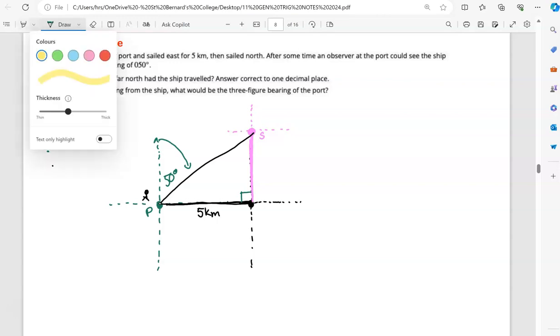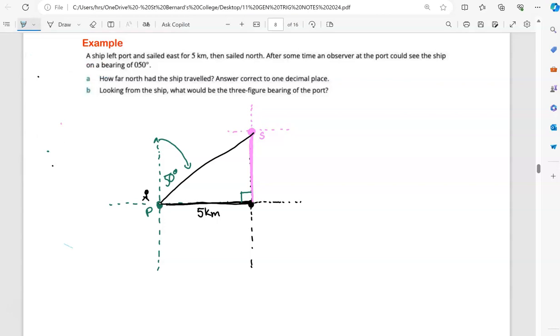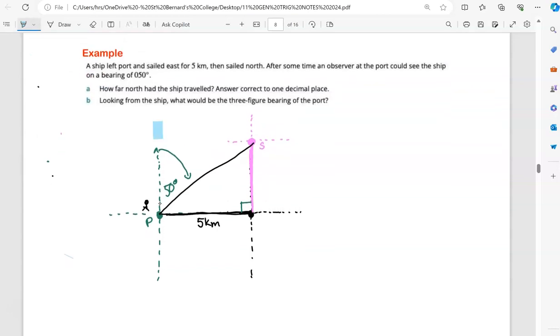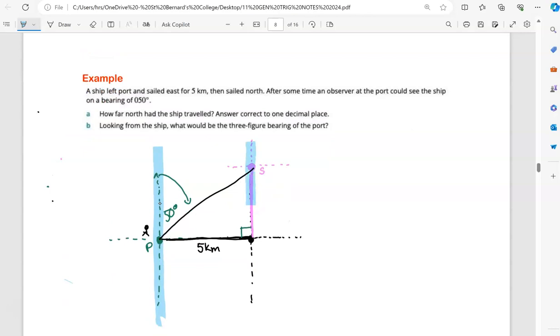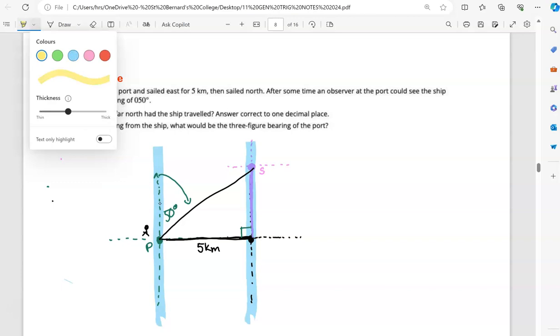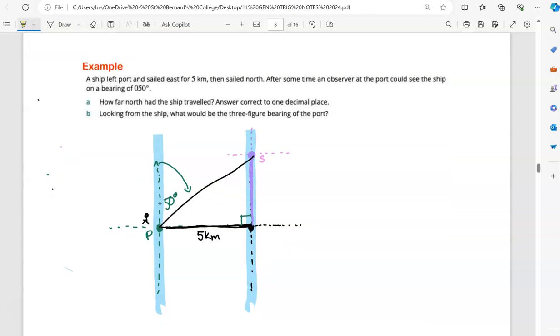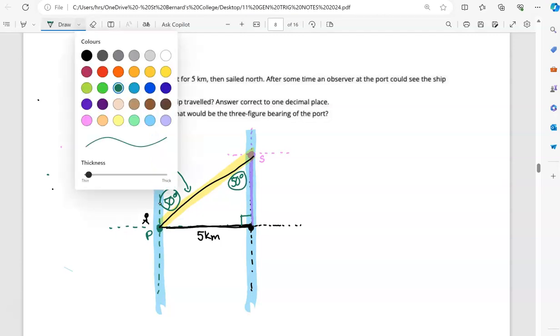If I highlight our north lines again, can you see there's a line in between? Would you agree, if this is 50, I can say here's 50? Yeah, and that's what I'm going to do, because it's asking me for question A.